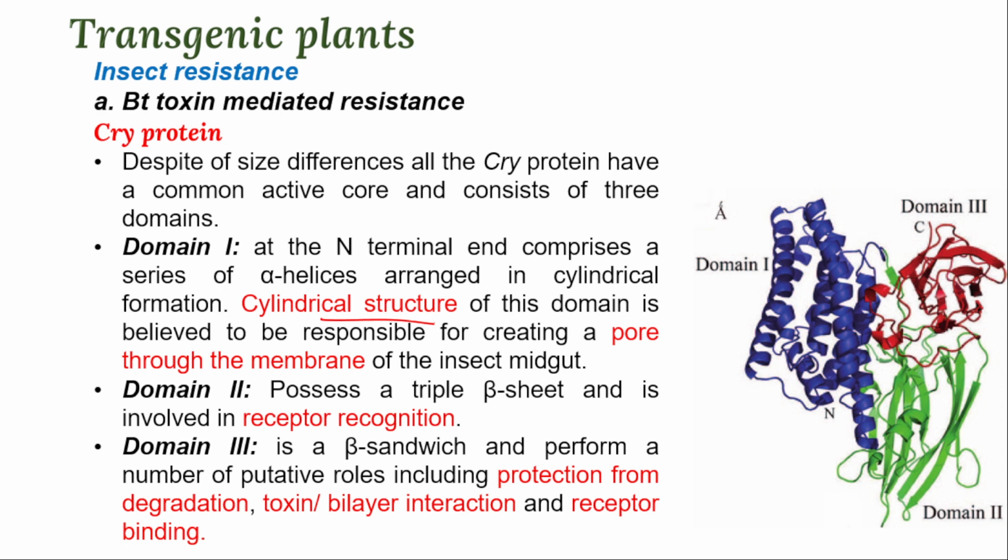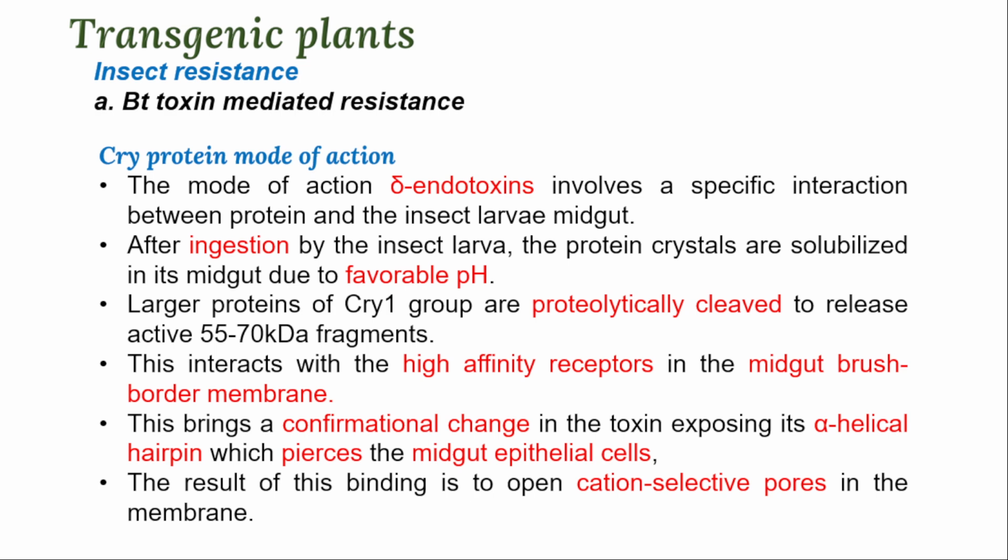How does this delta endotoxin work? Whenever the insect larvae ingest bacteria or a genetically modified plant that contains the delta endotoxin, the protein along with the food enters the midgut of the insect. The midgut of the insect has a pH of 7 to more than 7, up to 12.